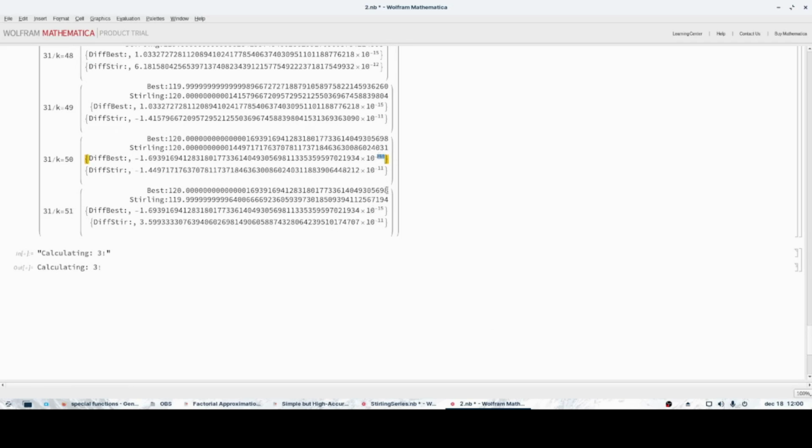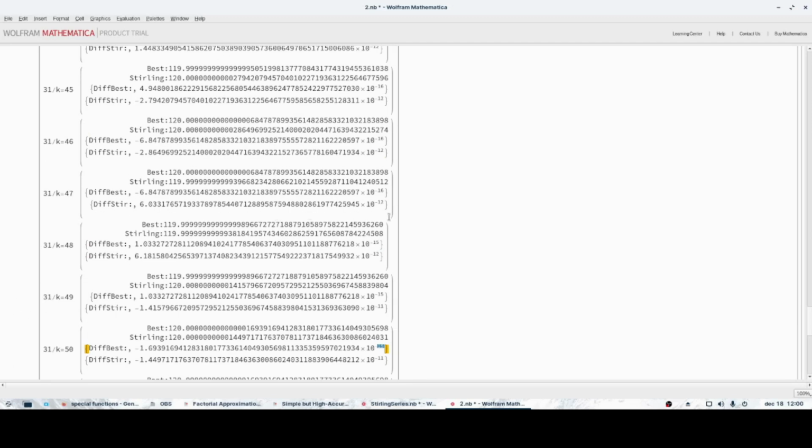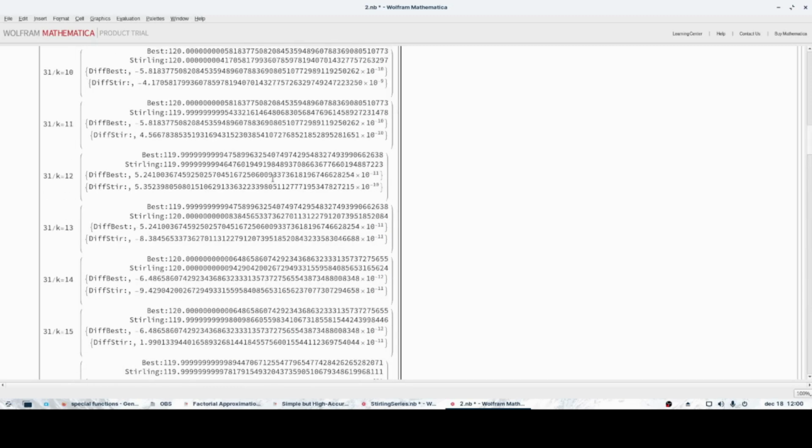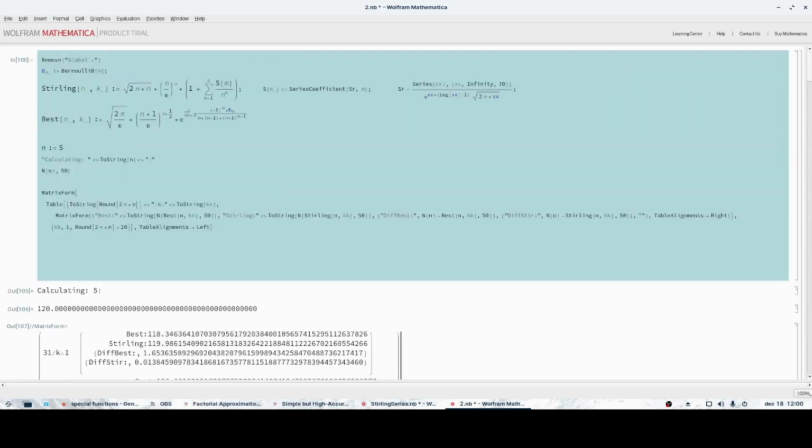It is now again 14 decimal places, but if you want to be sure, I can add 100, or not so fast, because I have just 70 coefficients computed here. Maybe if I put here 80 and calculate.